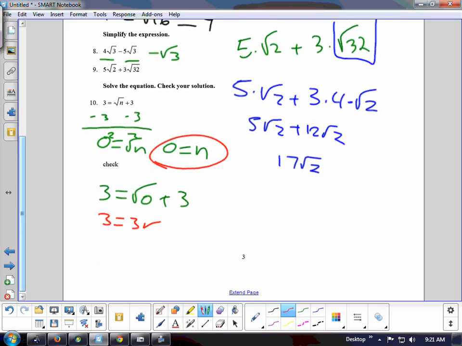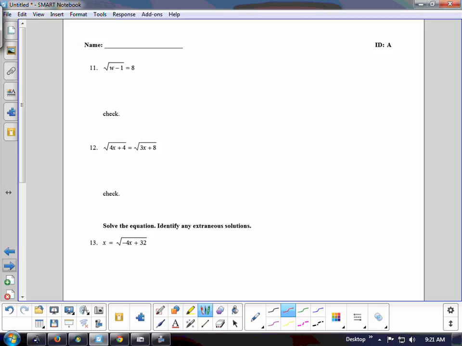Okay, moving to 11. The radical's already by itself. These ones, the radical's by itself, square it. If I square this side, I get what? W minus 1. And I square the other side, 64.